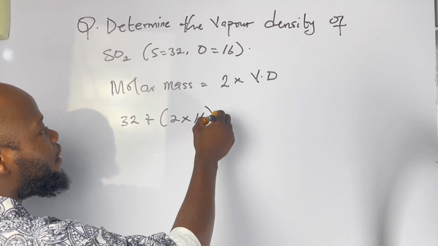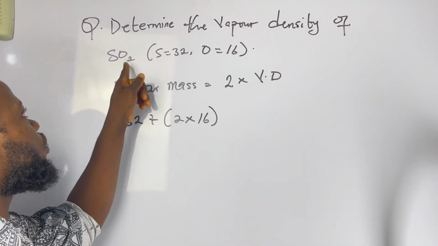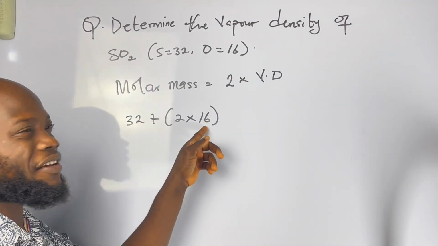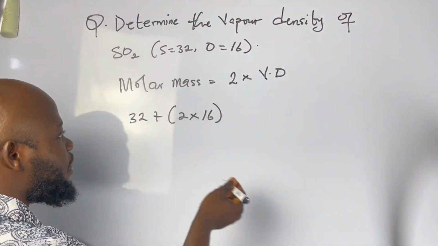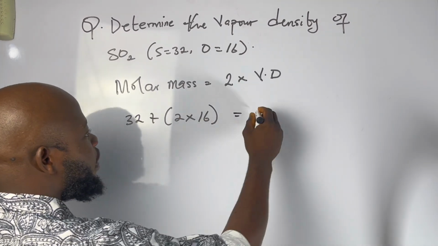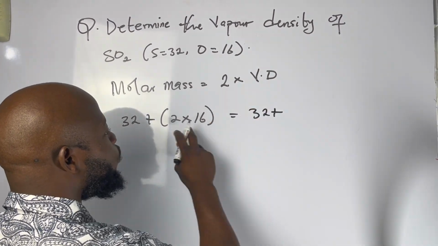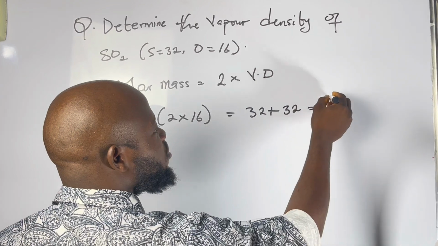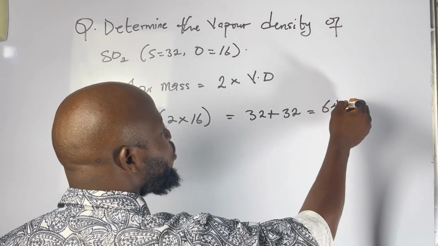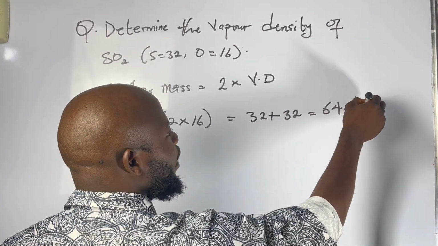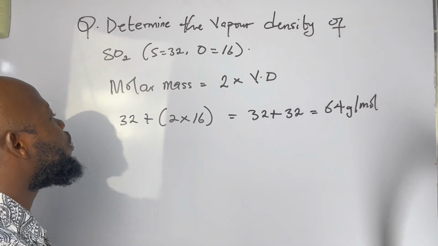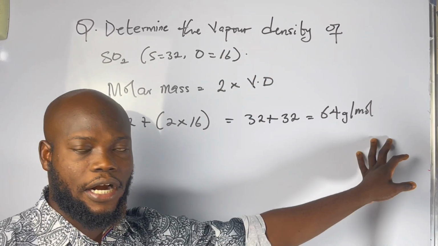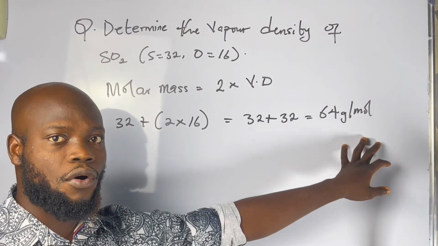Don't ask me where we get this 2 from, because you can see oxygen is 2 in SO2. So you multiply it by the mass number of 16. That is equal to 32 plus 2 multiplied by 16. That is 32 plus 32, which is equal to 64 gram per mole. So the molar mass for SO2 is 64 gram per mole. Gram per mole is the unit for molar mass.